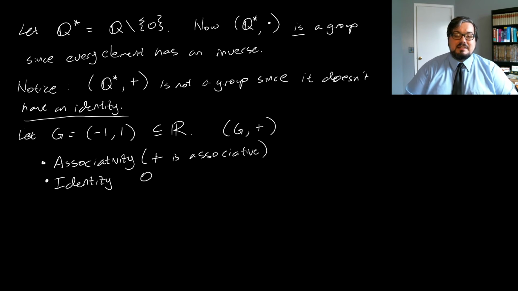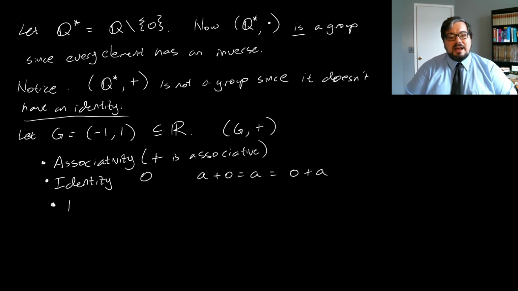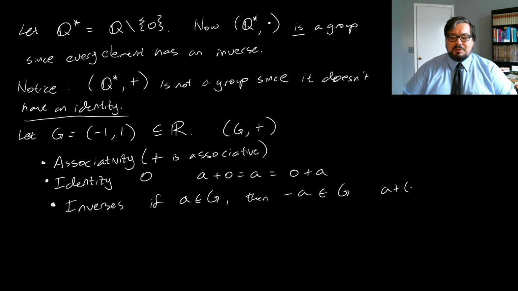We have the identity 0, because if I take any element of G and add 0 to it, I just get that thing back. And we have inverses, because if A is in G, then minus A is in G. And we have that A plus minus A is equal to 0, which is also minus A plus A.